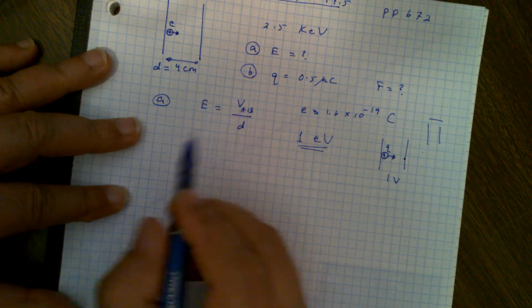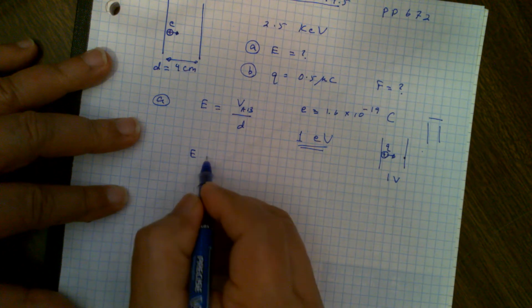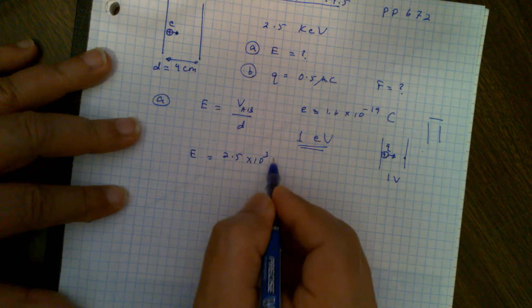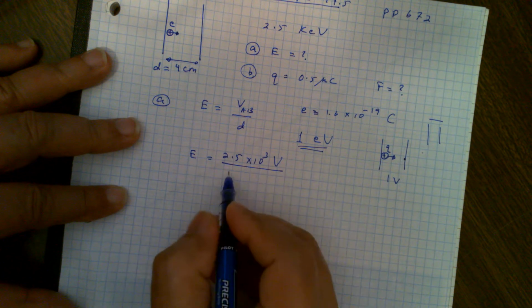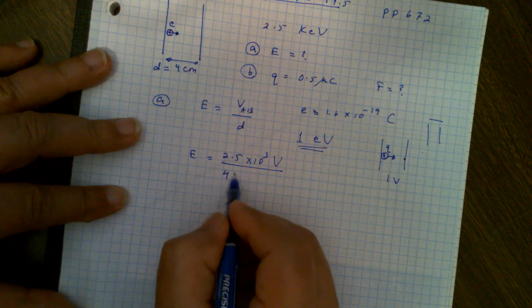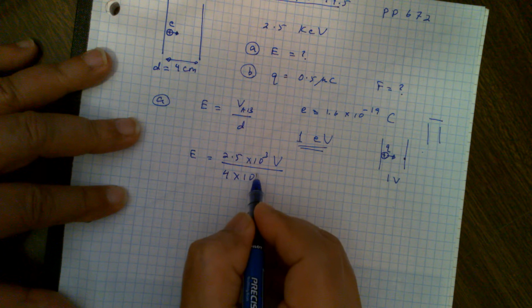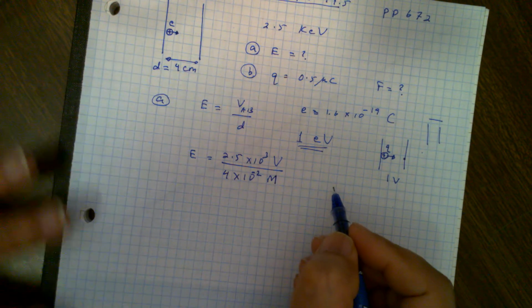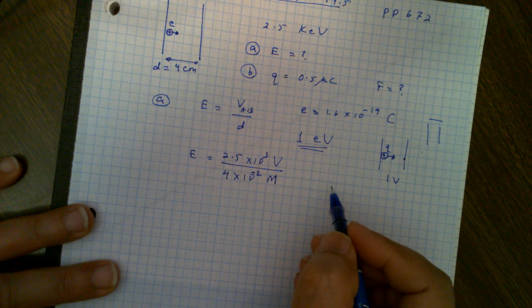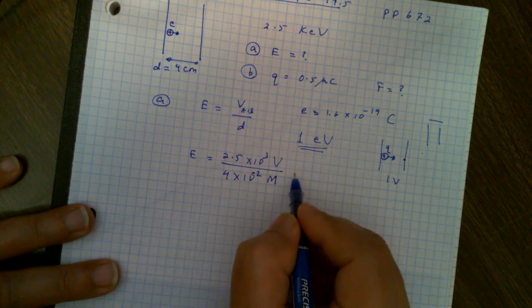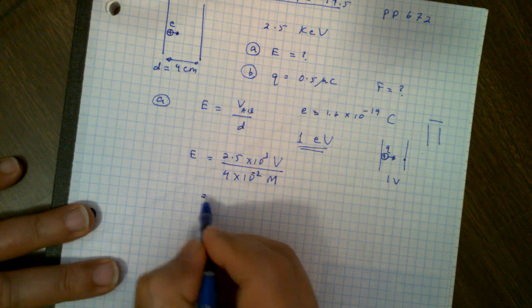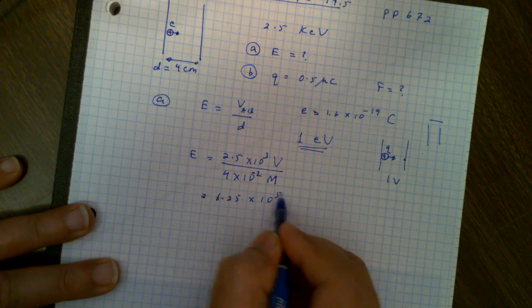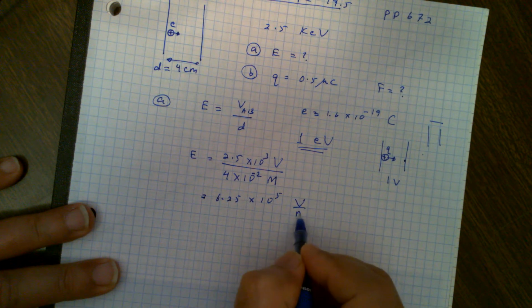So VAB is 2.5 kilovolt. 2.5 kilo means 10 to the power 3 volt, divided by distance, which is 4 centimeters, 4 times 10 to the power negative 2 meters. Okay? So the answer is 6.25 times 10 to the power 5 volt per meter.